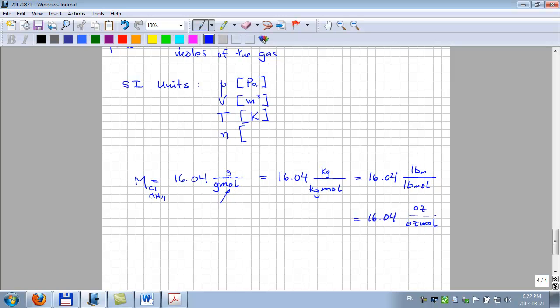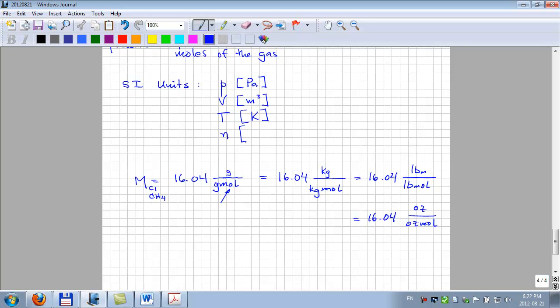Because if we're selling 62 million gram moles per day of oil, we want to be able to figure out how many barrels that is. And if you just say 16,000 moles per day, I have no idea how many barrels per day. I can't quantify it. I can assume he means gram moles, but maybe not. So you have to associate a mass unit with the mole.